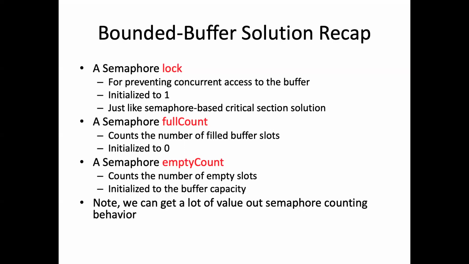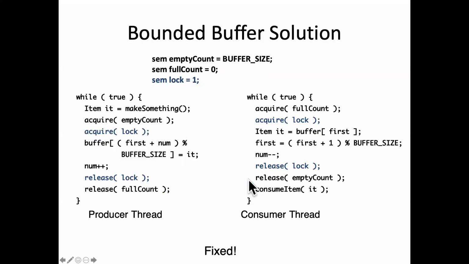I pointed out, here we're really using that counting behavior maintained by a semaphore. I'll back up and show you this on this one. Imagine a producer comes along and puts a bunch of items in the buffer. Every time they do a release on this full count, it increments its count.